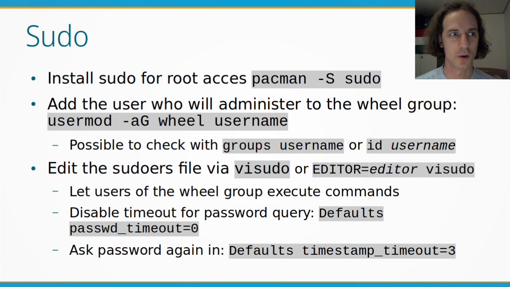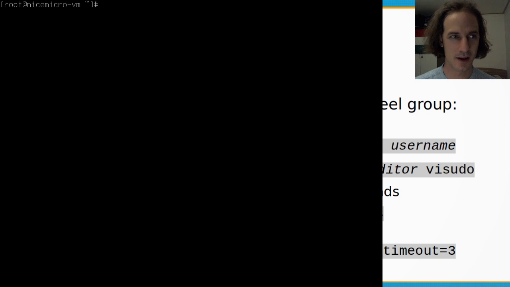Let's only worry about giving our user access to the sudo command through the wheel group. For that, first we have to add the user to the wheel group, and that will be the usermod command. We use useradd to create a new user and usermod to modify the user.